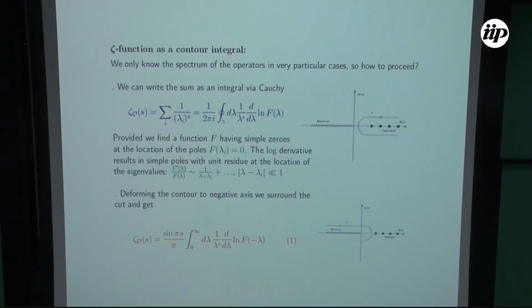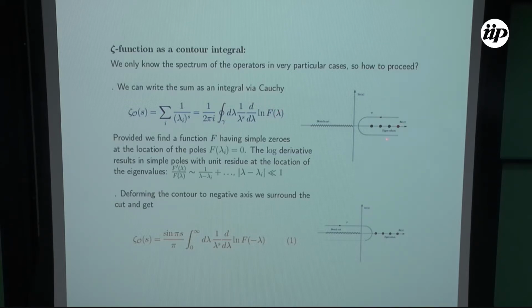So how does zeta function work? Zeta function goes this way, and this is how we compute it to end up with the final expression that we use to compute the determinant. So in principle, you define the zeta, which is 1 over lambda, all the eigenvalues, to the s. You write this as a contour integral, and you use Cauchy.